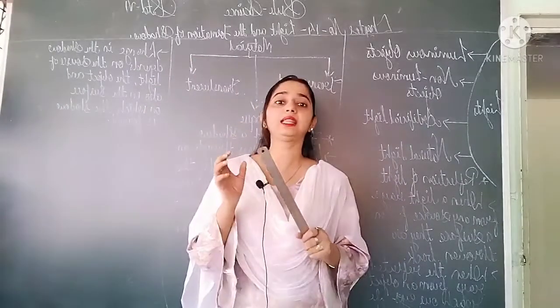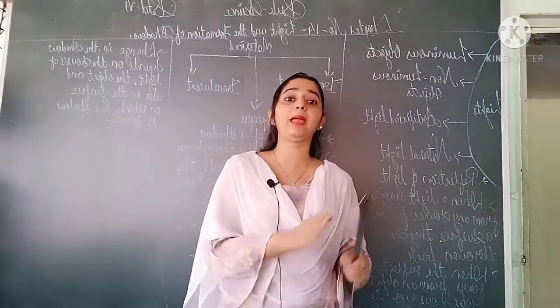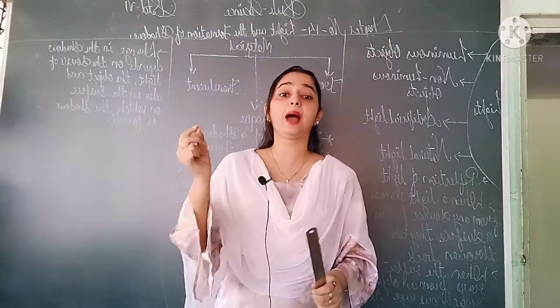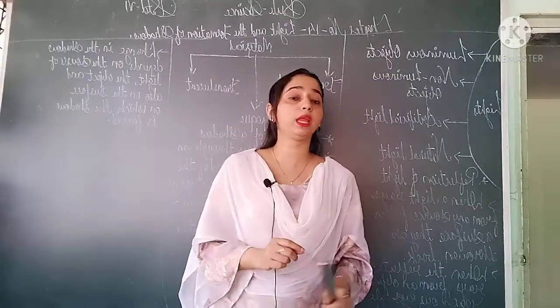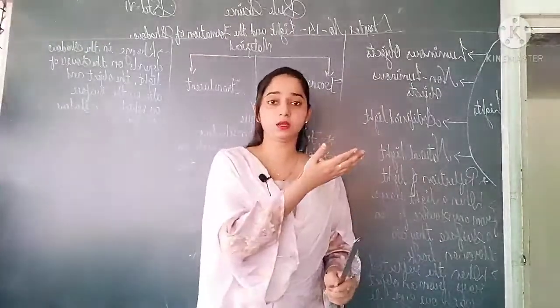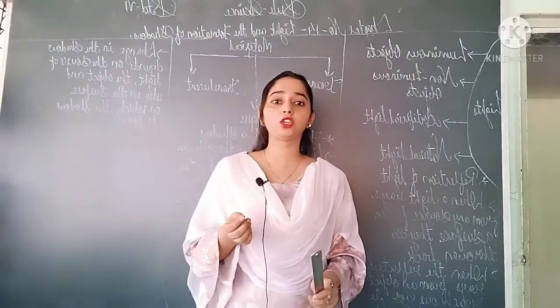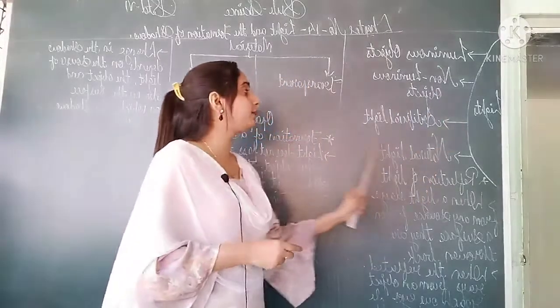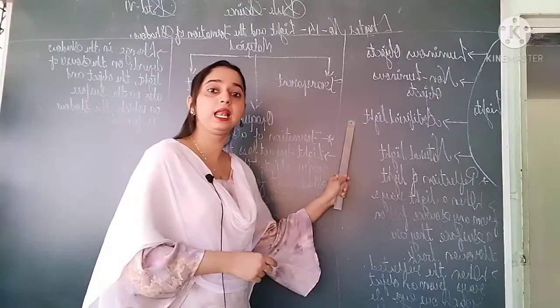Artificial light means the thing which is made by man by his effort. For example, tube light, torch, flashlight, and candle all come under artificial light.